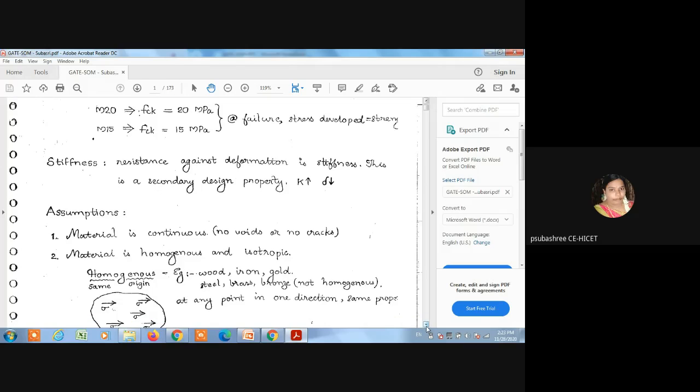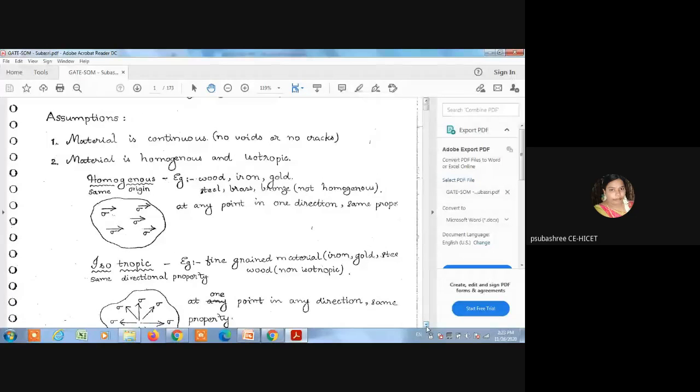First, you should know what we mean by homogeneous and isotropic. For example, you may use different materials: wood, timber, iron, gold, aluminium, brass. The material has three coordinates x, y, and z. Suppose you cut in any direction at any point, the material has the same mechanical properties. It is called homogeneous.